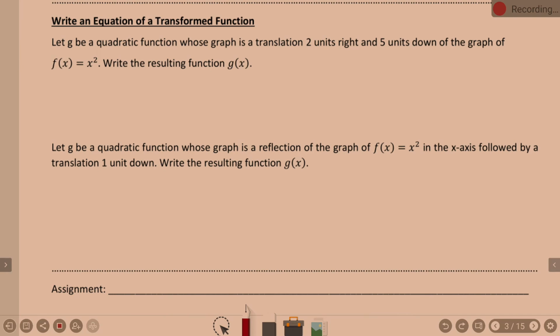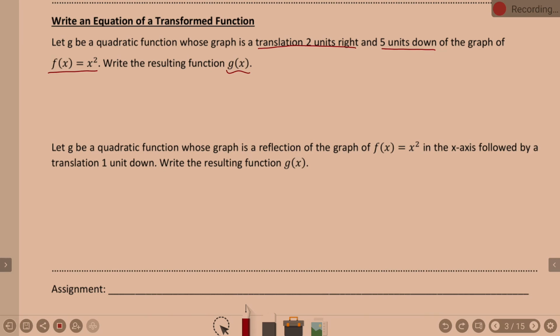And so in our first example, let g be a quadratic function whose graph is a translation 2 units right and 5 units down of the graph f of x equals x squared. Write the resulting function g of x.